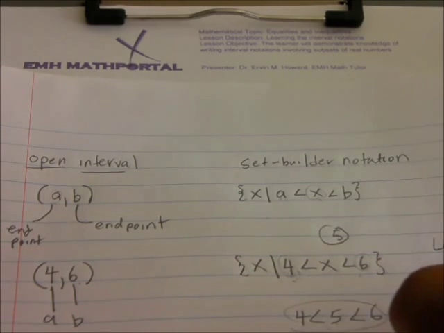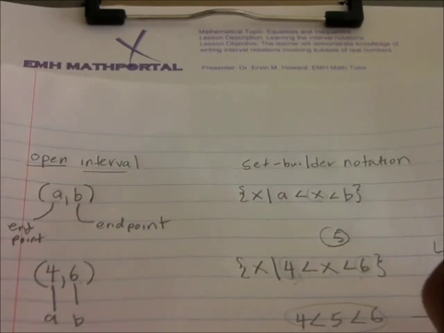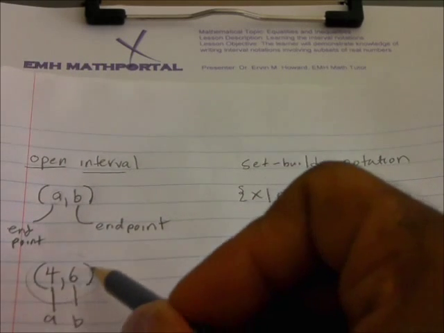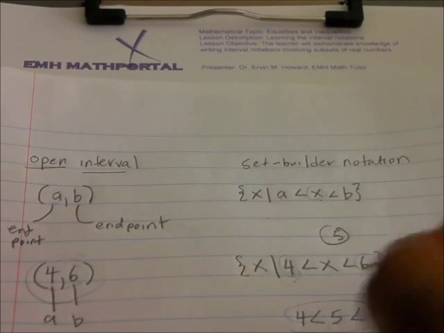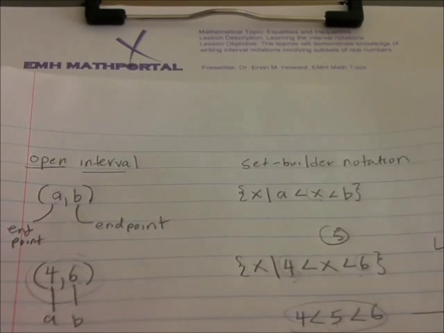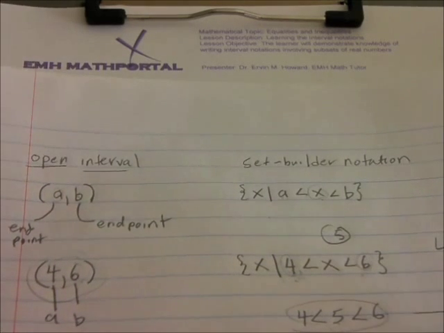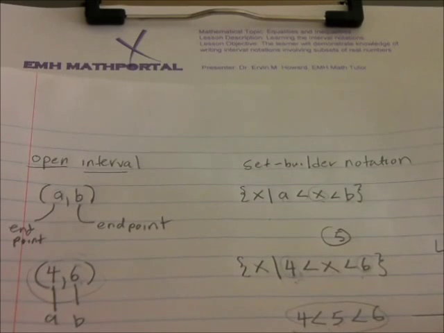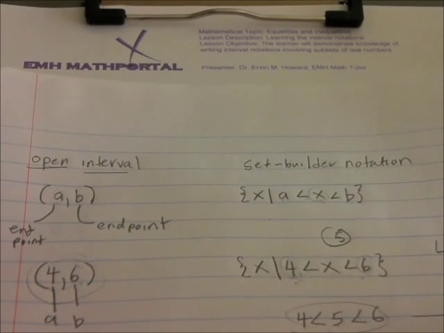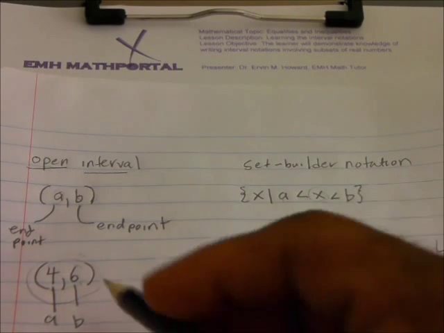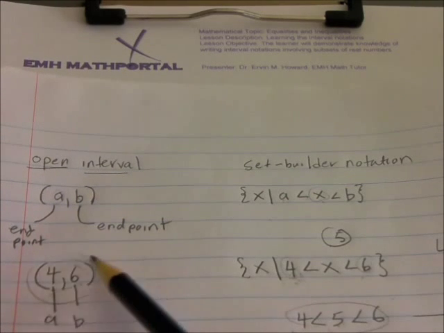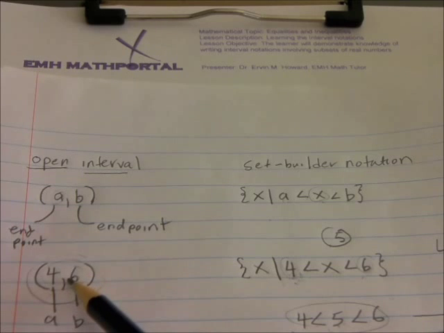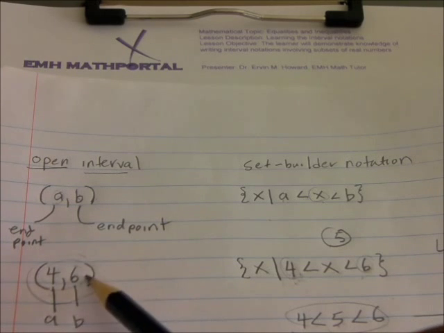Now, when you graph it, you graph it the same way that you see the symbols. The numbers 4 and 6, just graph them on the number line. I'm going to say this is 4 and this is 6, just to identify the numbers, and this is 0. The way that they appear as an interval notation, you just graph it the same way.